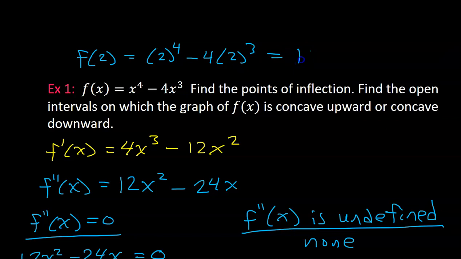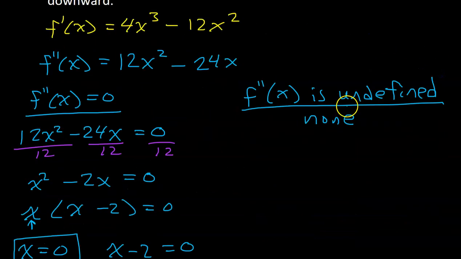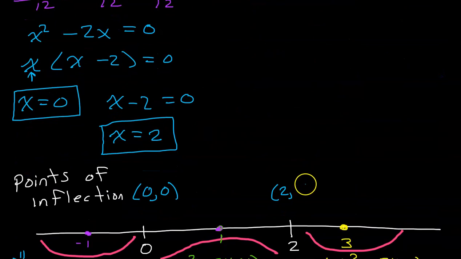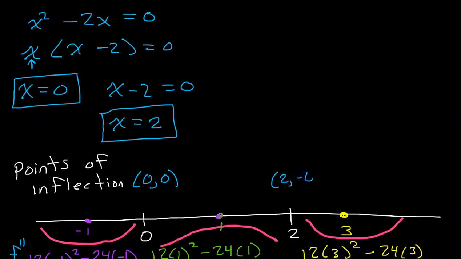So that's going to be 16 minus 4 times 8, so 16 minus 32, which is going to be negative 16. So that's the y value. So 2 comma negative 16, whoops, is the other point of inflection.